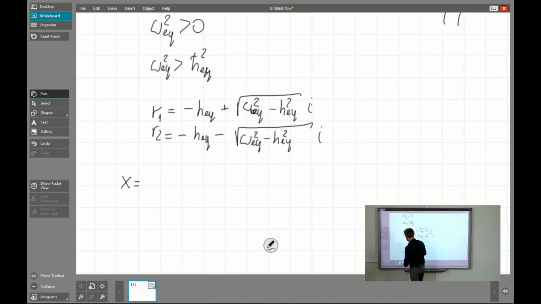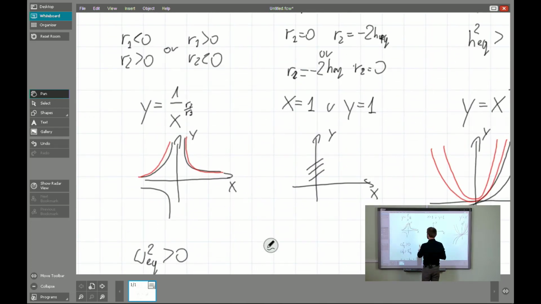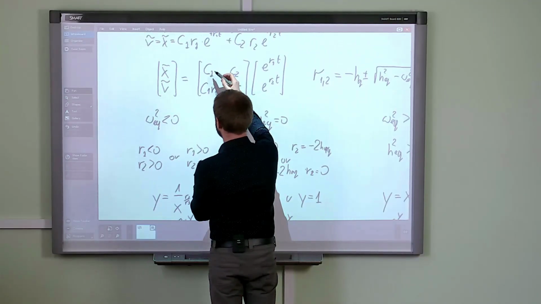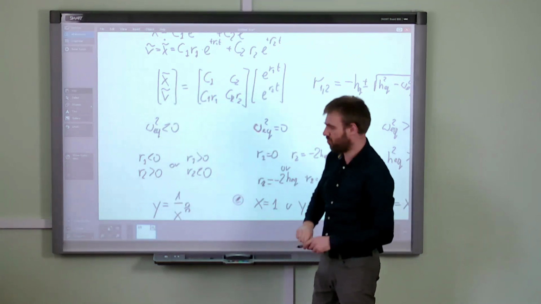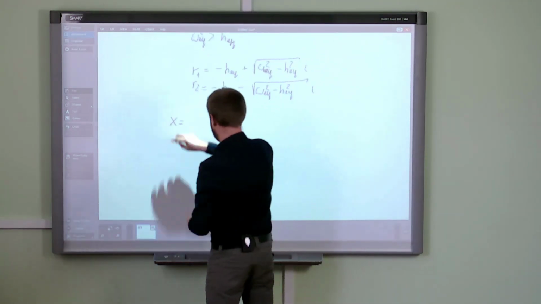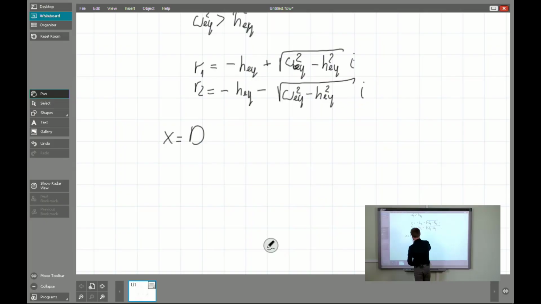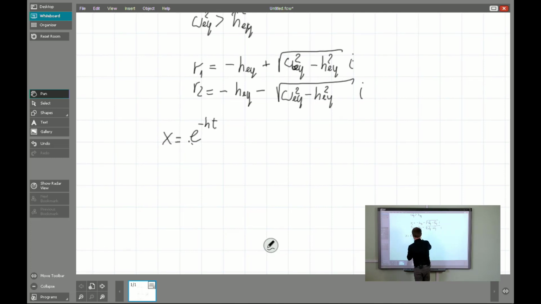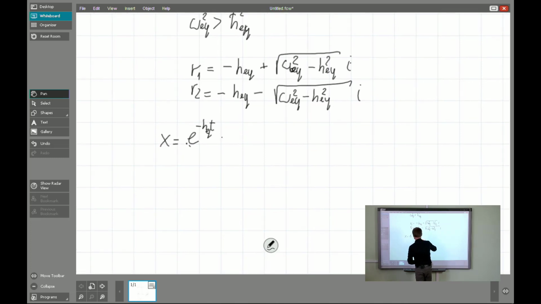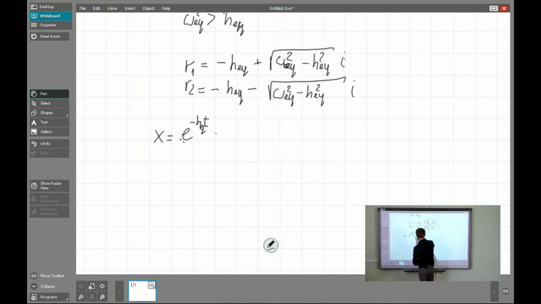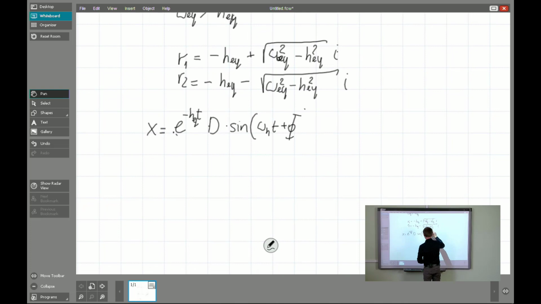Then the solution has a little bit different form. If you put in the complex numbers, we are able to rearrange our equation to the form of e to the power of minus equivalent h t times some constant times sine of omega h t plus some phase shift.